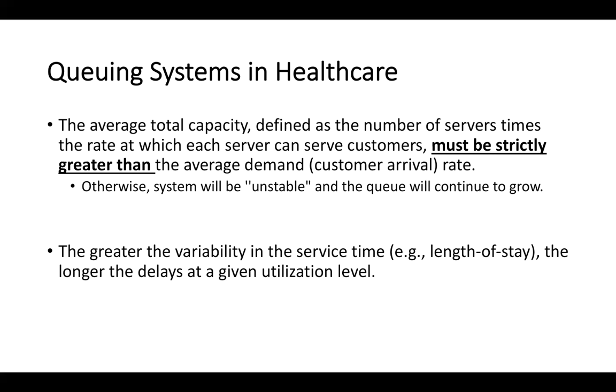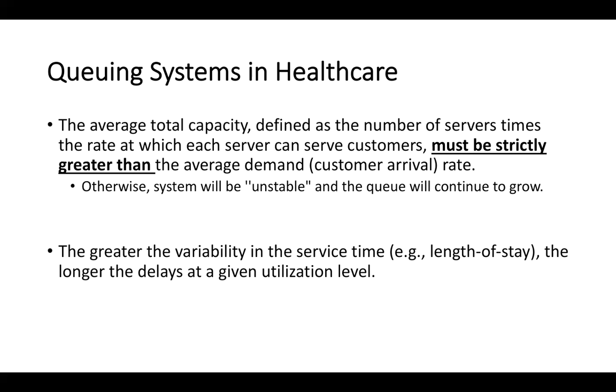And over time, the number of patients that end up staying in the unit is going to increase, and it's going to go to infinity. Again, I would call this an unstable queuing system. But for a stable queuing system, we always want the rate of arrival of the patients to the system to be less than the rate of exit of the customers from the system.